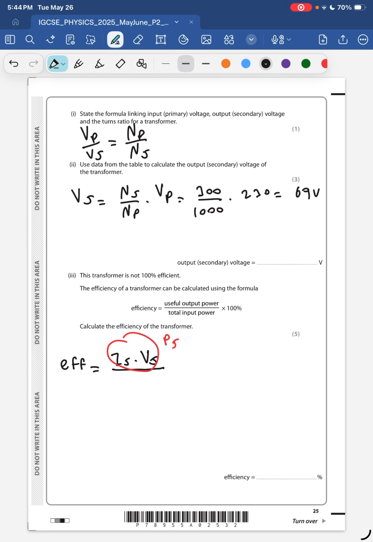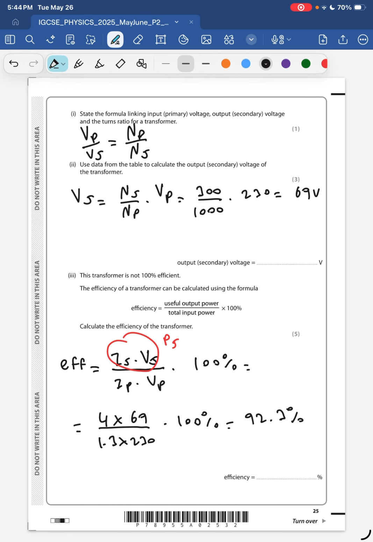Similarly, we use the current in the primary coil times the voltage in the primary, times 100%. This is equal to 4 times 69 over 1.3 times 230 times 100%, which yields 92.3%, which is great. It doesn't sound that bad.